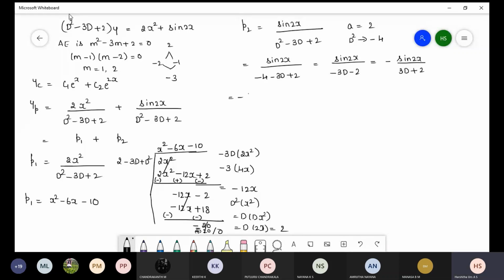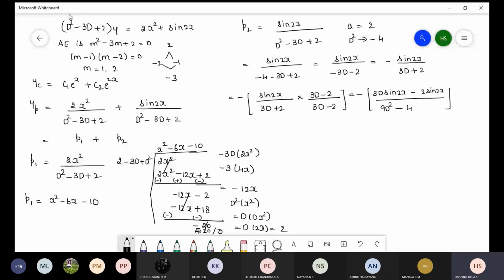Rationalization. So sine 2x divided by (3D plus 2) into (3D minus 2) divided by (3D minus 2). So minus of 3 into differentiation of sine 2x minus 2 into sine 2x, in the denominator 9D square minus 4, because it is in the form (a plus b)(a minus b).